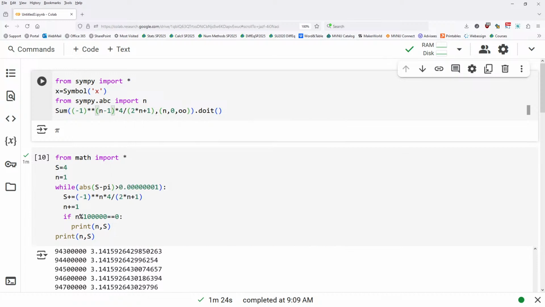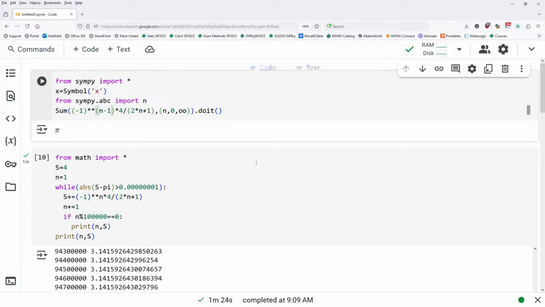I did this morning with the 4 over 1 minus 4 over 3 plus 4 over 5, the odd numbers. I wanted to see how far I would need to go. Well, we could figure this out, but I just wanted to demonstrate it. And so I did this by adding up all of these. So these are partial sums, and this is the 94 millionth, 94.3 millionth partial sum, and then 94.4 millionth, and so on.